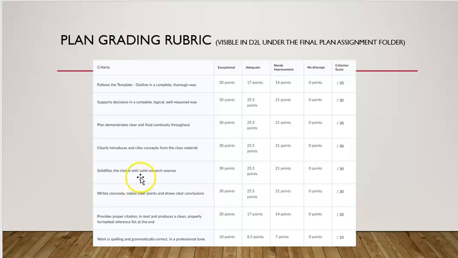And then you provide proper citation in text and produce a clean and properly formatted reference list at the end. Make sure that we're making our APA citations, and then obviously make sure that the spelling and grammar are correct, and it's in a professional tone. Again, you could think of yourself as providing this to the board of directors of the company.